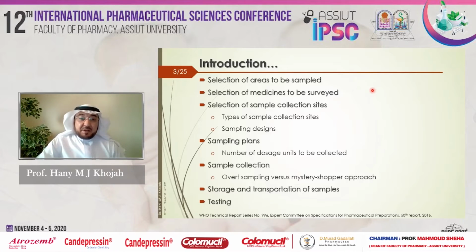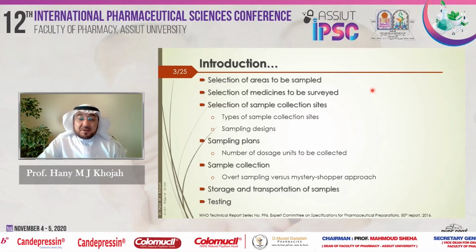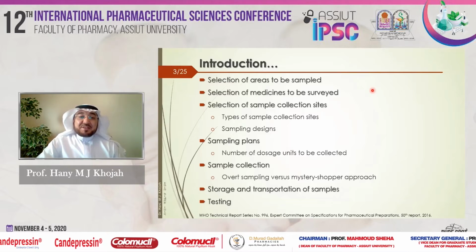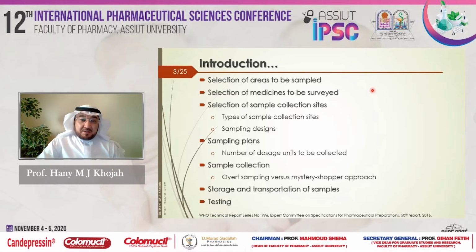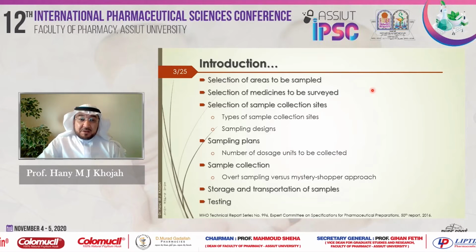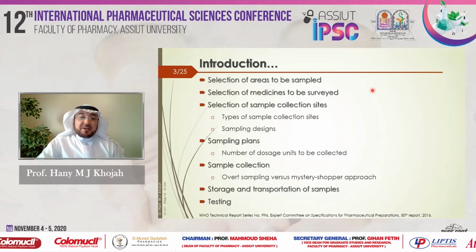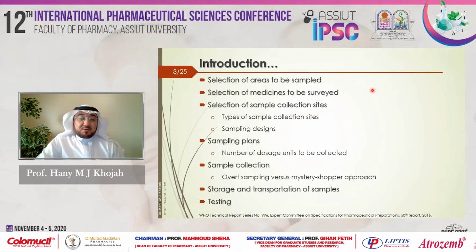There should be a very flexible and sound sampling design, actually, especially in these low-income countries or poor countries. Regarding the sampling plans, how many dosage units, how many tablets, capsules, vials, or bottles should we sample?